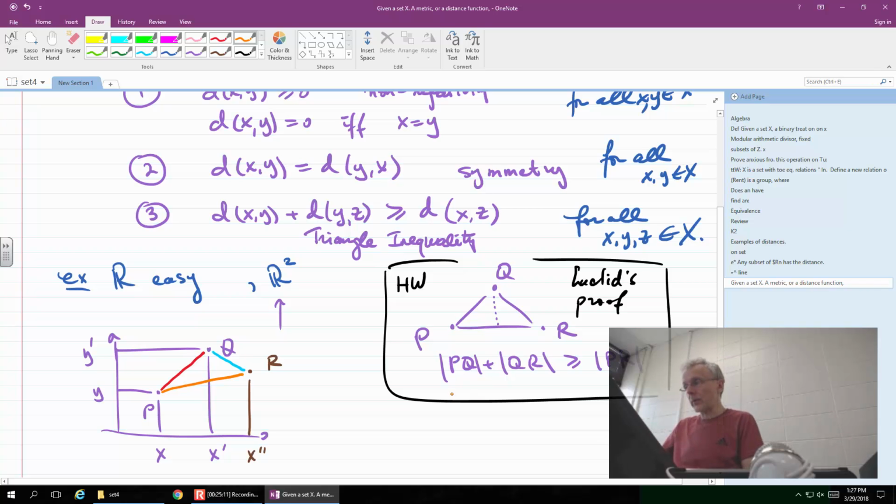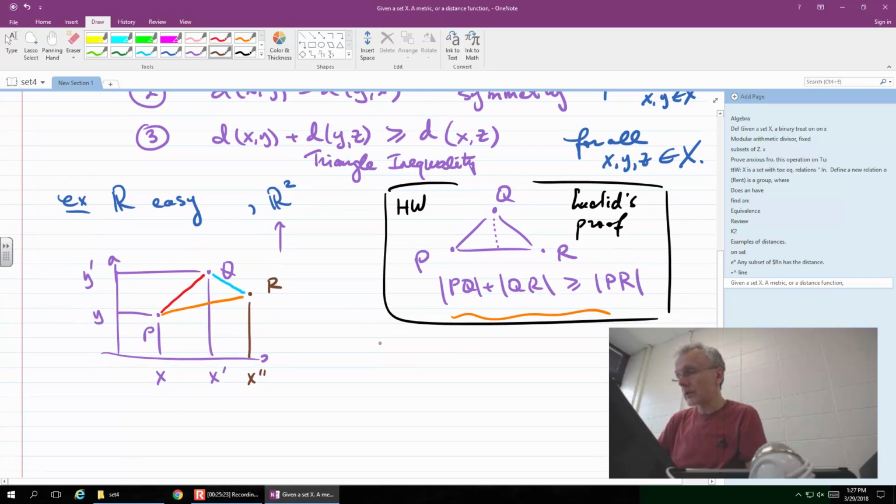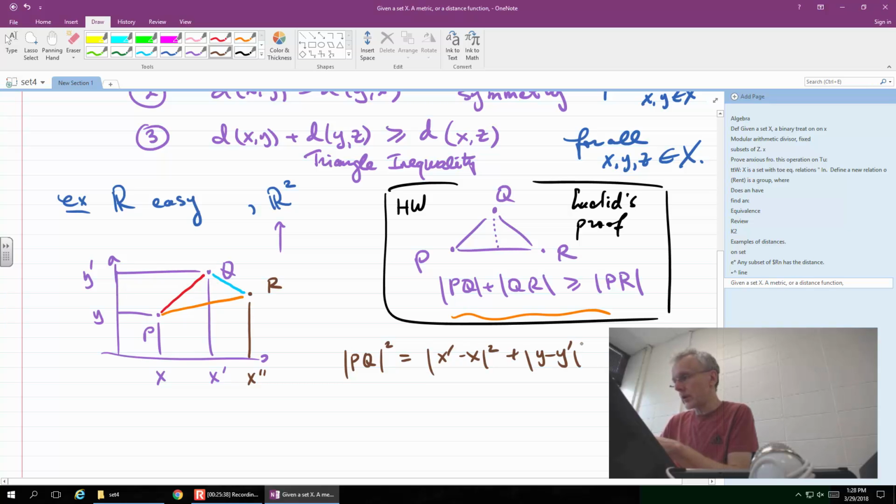Okay, so the formula is the same. Let me write the formula. It's not like we have too many choices. So PQ, I will write with squares right away. PQ squared is equal to (x prime minus x) squared plus (y minus y prime) squared.